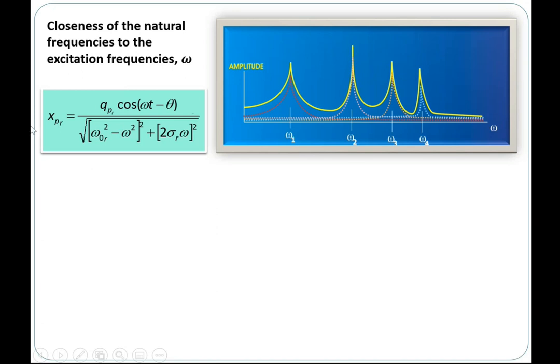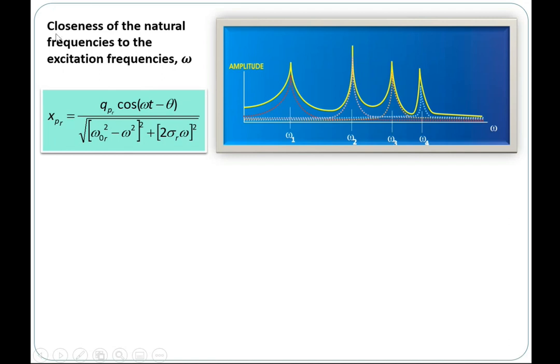But if you look at this equation itself, in the denominator part, you have omega, which is your excitation frequency, and omega naught, which is your natural frequency. If they are close, this part is almost zero, so you have very low resistance in the denominator, and you will have a very high vibration contribution from that particular mode.